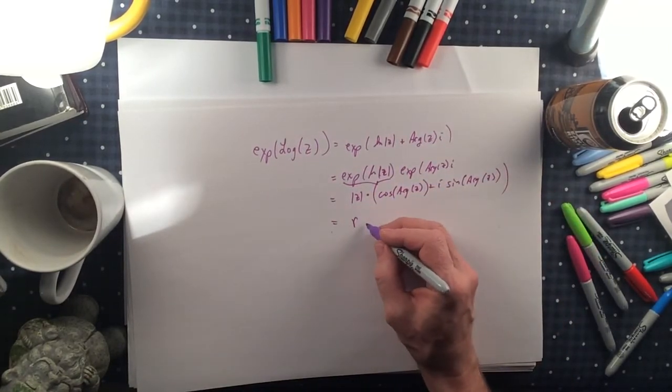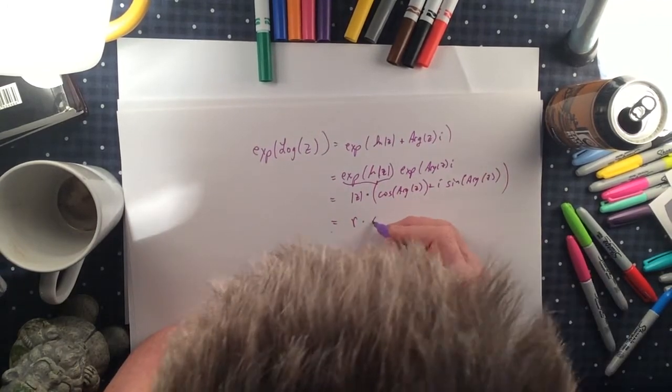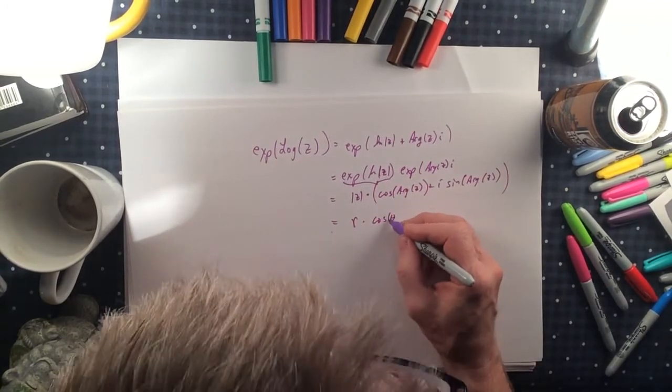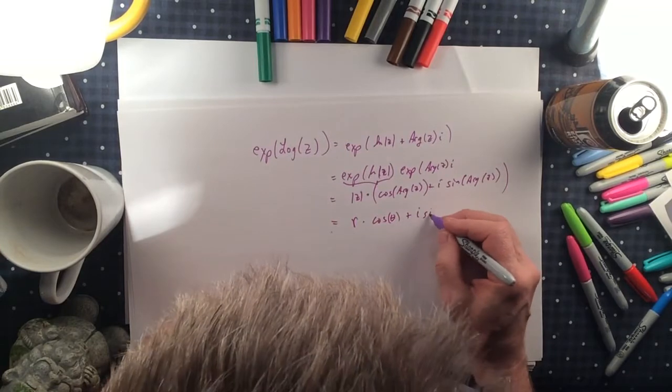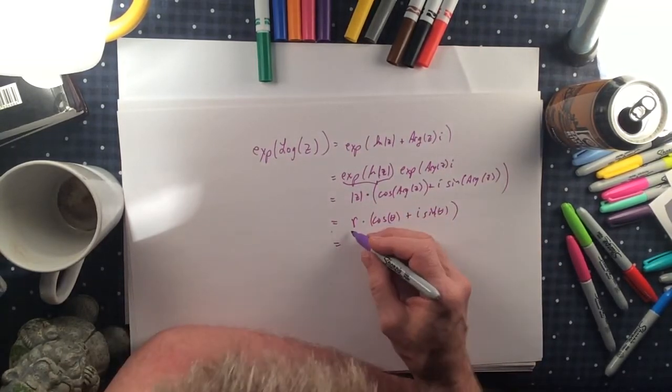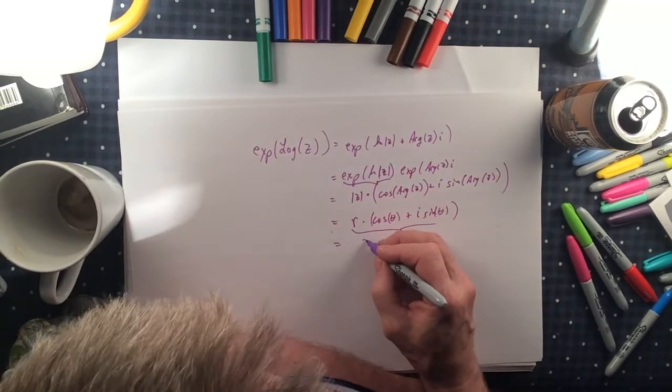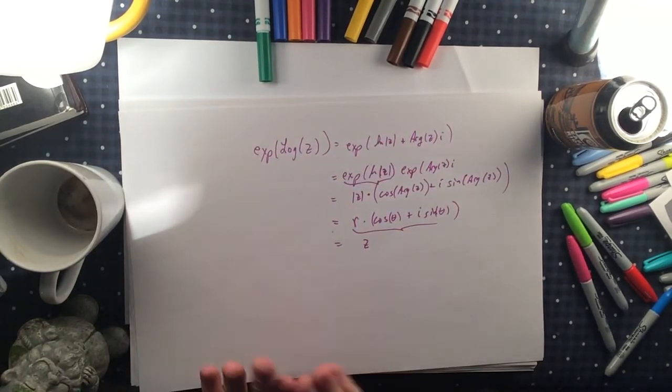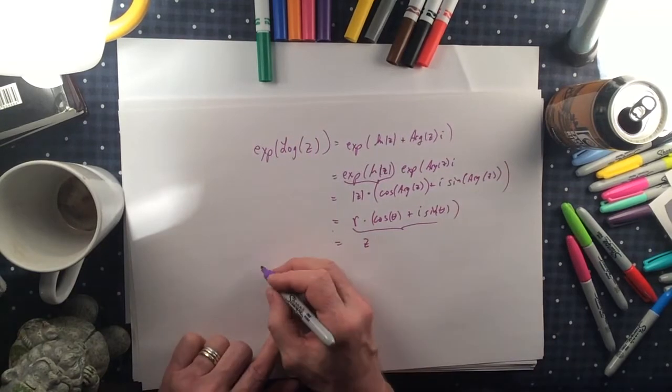And so this will be r times the cosine of some angle that defines z, plus i times the sine of some angle that defines z. And lo and behold, that's just the polar form of what we started with, z. So, formula checks.